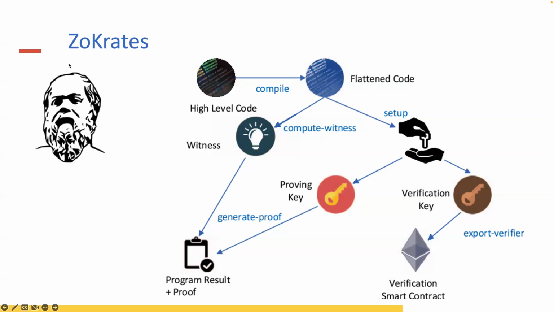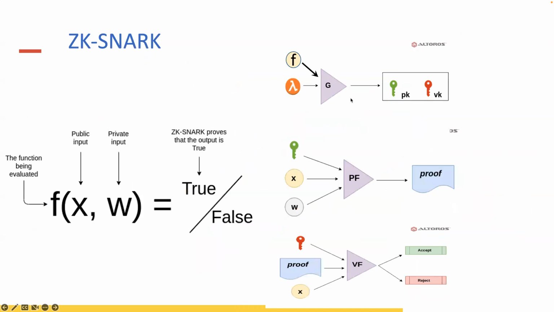So if you come back here again, you need all the 3 steps, and also you need a way to represent what your function is, because this function is usually some kind of program. Whoever is trying to generate the proof or verify the proof has to agree on what the function is, so they need some kind of representation.